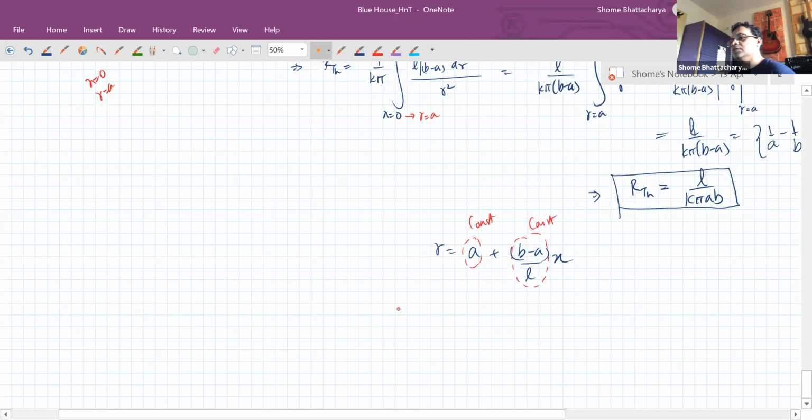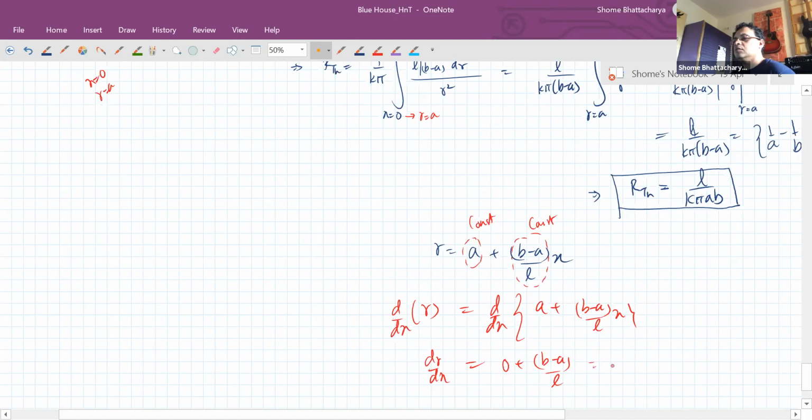So now you differentiate both the sides. The differentiation of r on this side is dr by dx. On the other side it is 0 plus that constant comes outside into differentiation of x, which is 1. So the interpretation is that a small change in r divided by a small change in x is this constant.